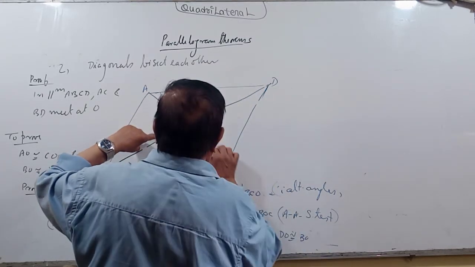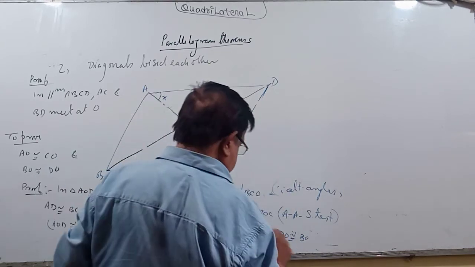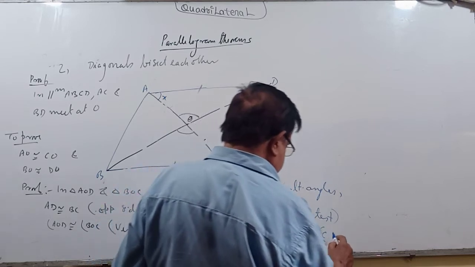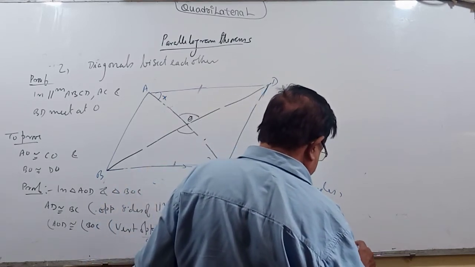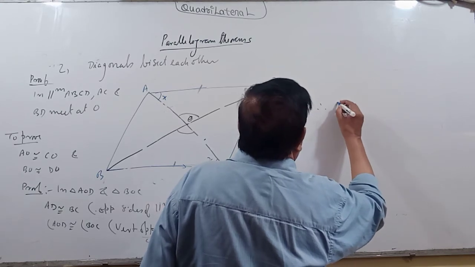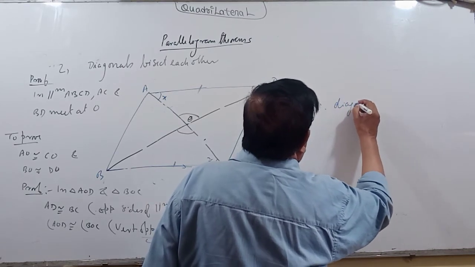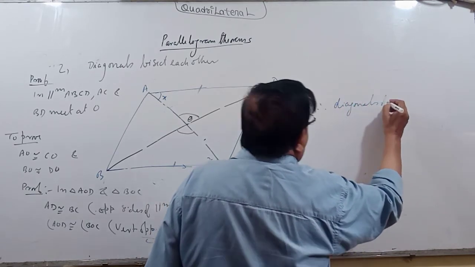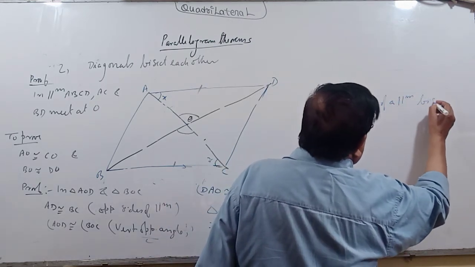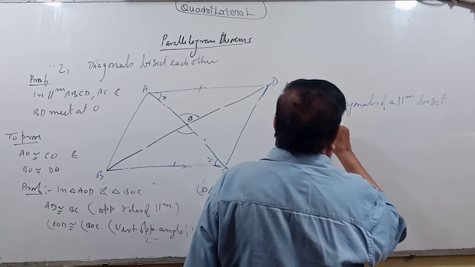This is congruent to this and this is congruent to this, corresponding sides of congruent triangles. Therefore, diagonals of a parallelogram bisect each other.